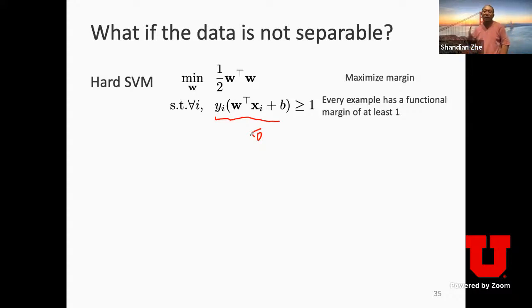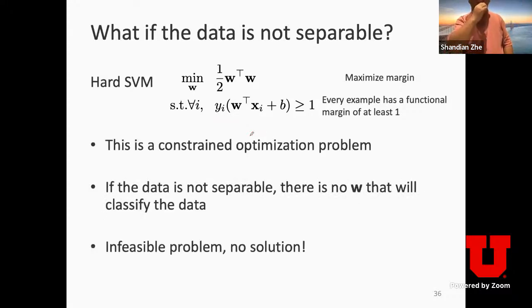Okay, so then there comes a problem. How to address this problem? The original hard SVM formulation is a constrained optimization problem. If the data is not separable, there is no W and B that will classify the data correctly, and then your constraints cannot be fully satisfied.